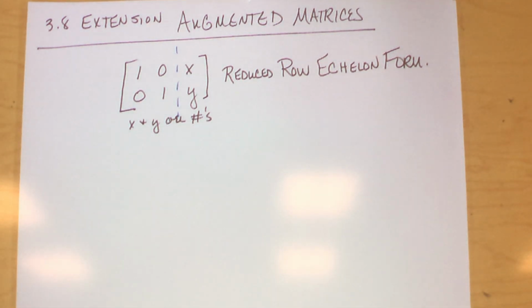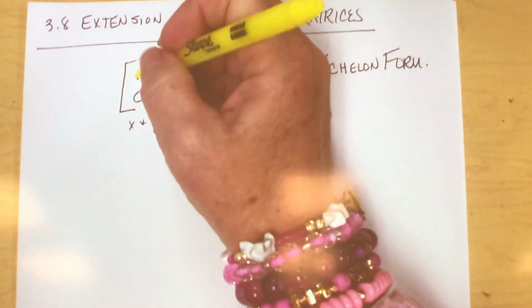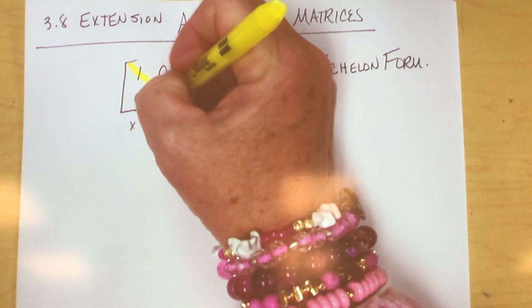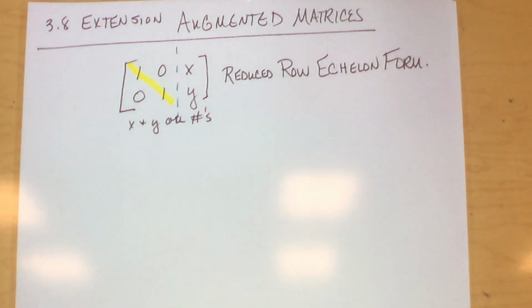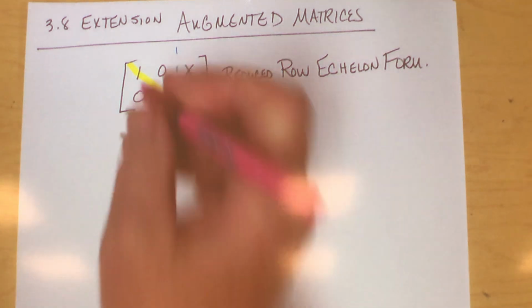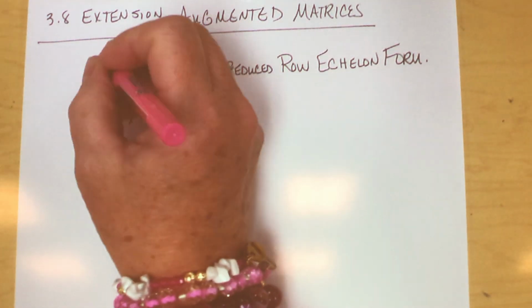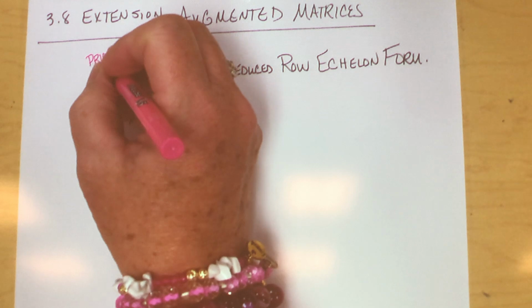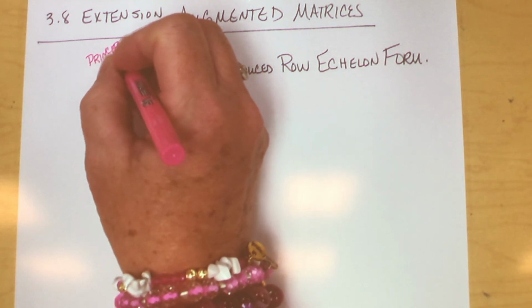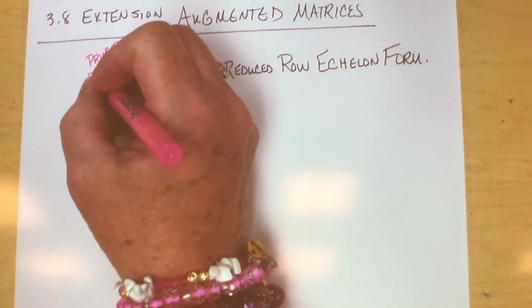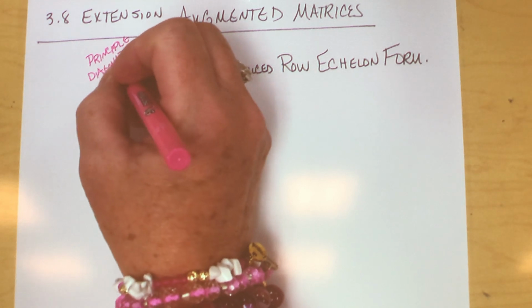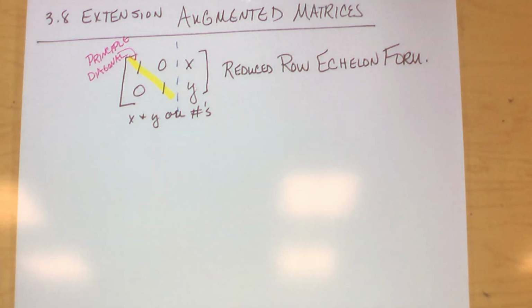Divide off the last column, and then you need to draw this diagonal from the upper left to the bottom right, all right? That diagonal is what is called the principal diagonal. Now, what do we want our principal diagonal to be?